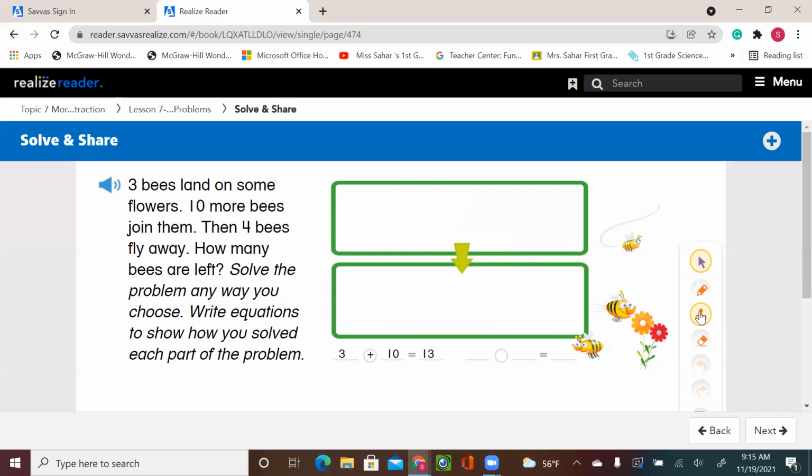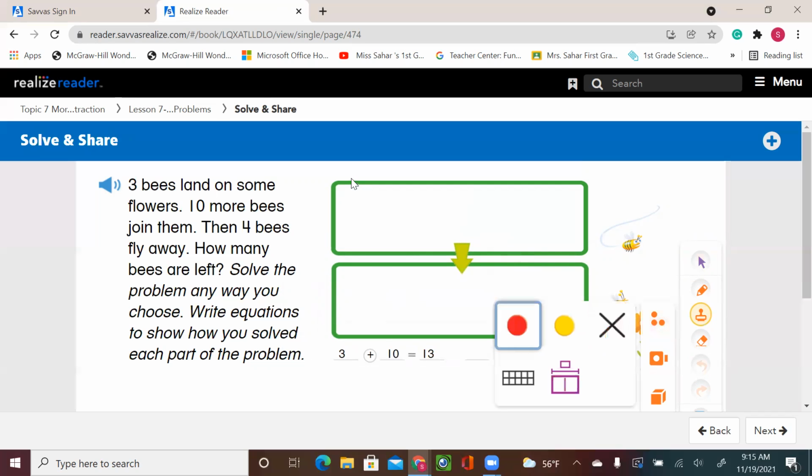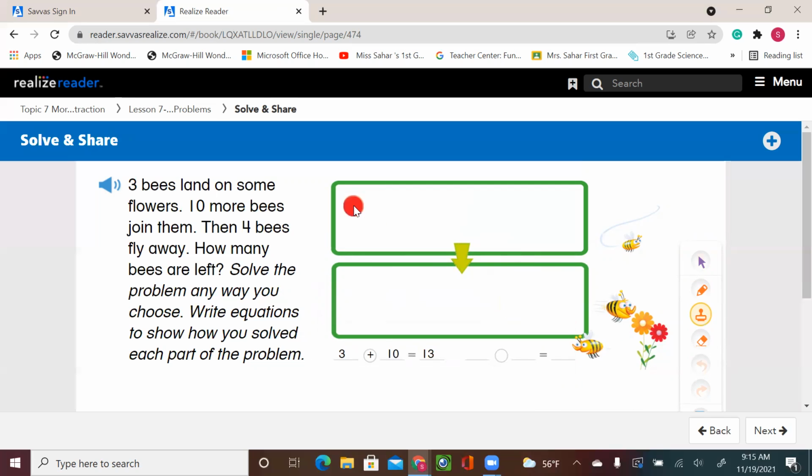I can also put stems. I know there were 3. 1, 2, 3, and then 10 join them. So I'm going to use a different color. So 1, 2, 3, 4, 5, 6, 7, 8, 9, 10. So now I know that 3 plus 10 equals 13.